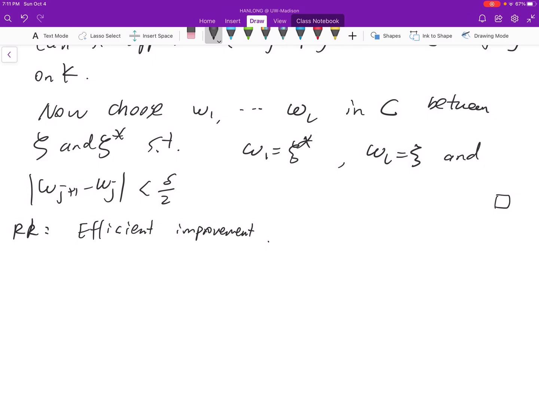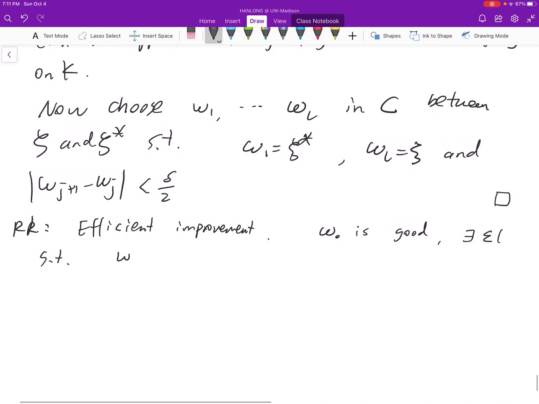Every time you can only show, for example, that omega_0 is good, and there exists a small epsilon, which depends on omega_0, such that for omega within the epsilon ball, omega is good.